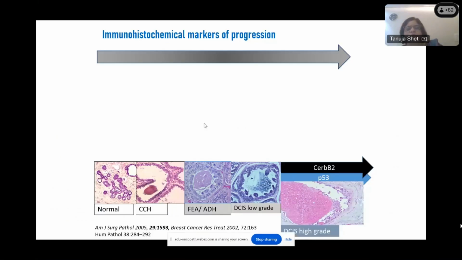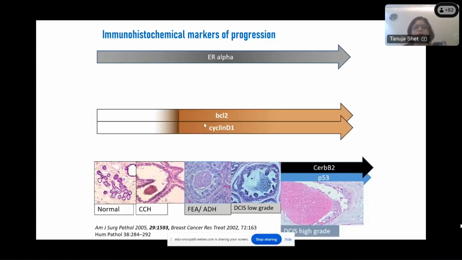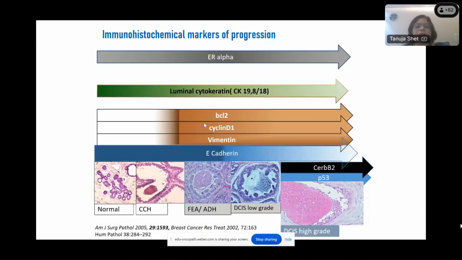Now, though on picture it looks very beautiful, sometimes we use IHC to help us. The first IHC uses ER. If ER is intense in any lesion, you are dealing with a malignancy. If BCL2 and cyclin D1 are also intense, you are dealing with a malignancy.